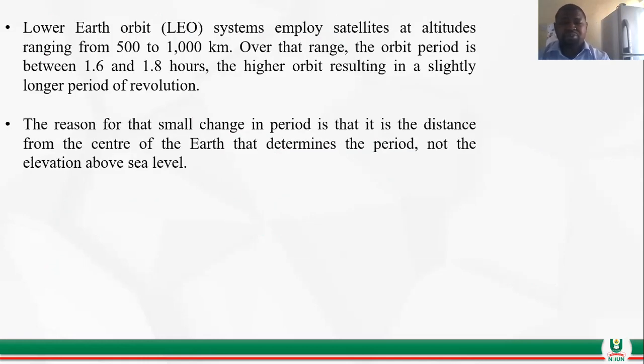Now, lower Earth orbit, that is LEO. The lower Earth orbit system employs satellites at altitudes ranging from 500 to 1,000 kilometers.